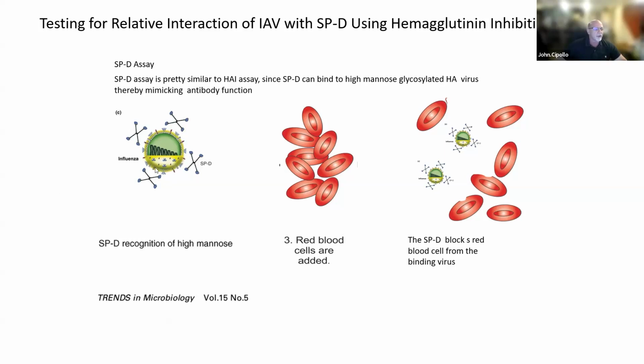You have your virus, and this is an inhibition assay, so it's incubated with various concentrations of SPD first, and then interacted with red cells. Red cells have the ligand on their surface, the glycan that the particular influenza likes to interact with. So if you have a good interaction with SPD, you get inhibition of agglutination.